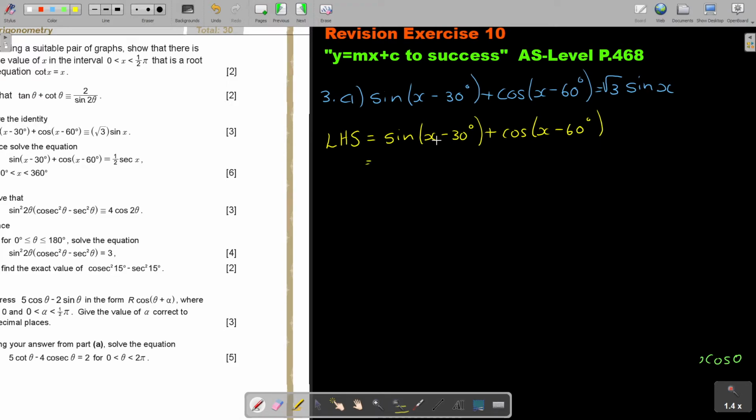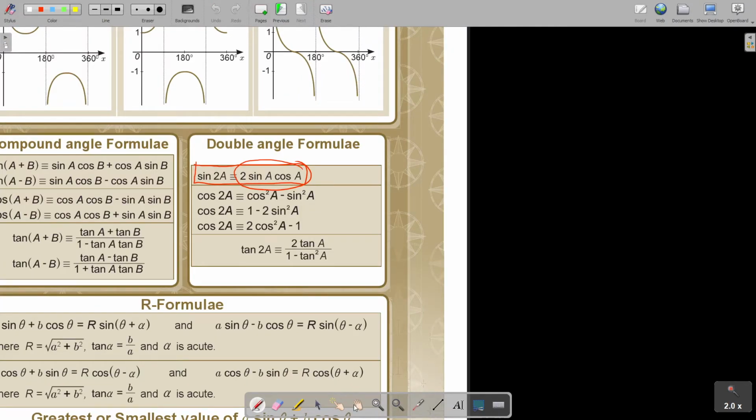Okay, this is your compound angles. Can you recall? And again, I hope it's going to be a bit faster now. Can I just show you? Here's the compound angles. I want to move it a little bit.